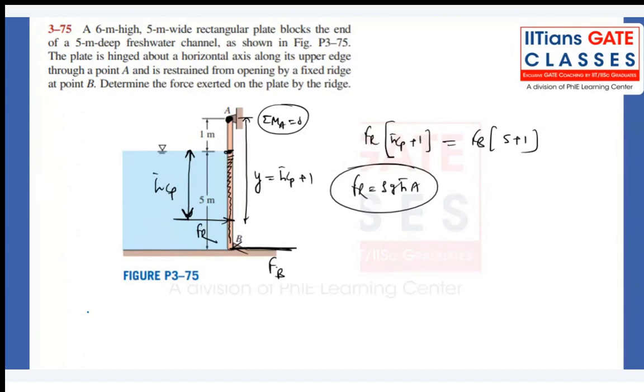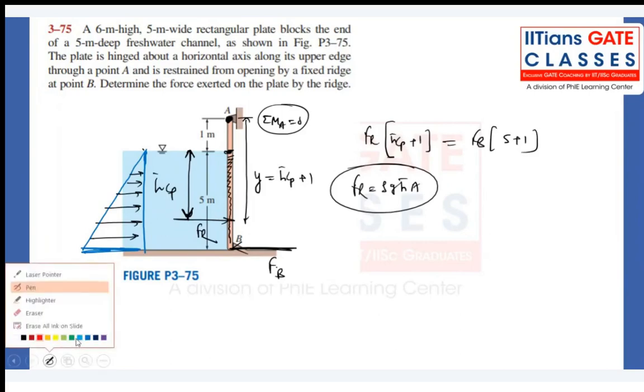No, no. You asked about h bar Cp, right? See here, when you calculate h bar Cp, depending on what? Whenever you have a doubt, try to clear it with the fundamental. What is the fundamental? The resultant hydrostatic force acts at a distance h bar Cp from the free surface, right? The free surface is there for the water, not the object.